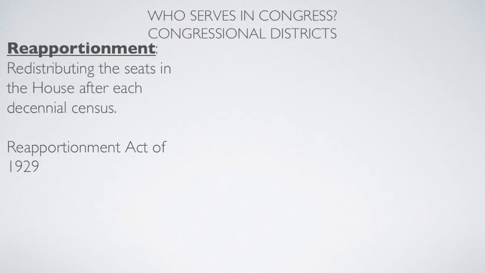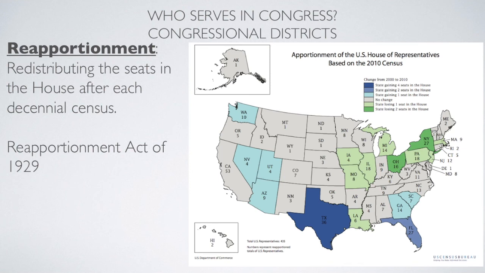Who serves in Congress? Well, we have reapportionment, redistributing the seats in the House after each decennial census. So depending on the census, there will be a dividing of who has what number of seats. This is the 2010 census. The 2020 census is up, you can look at that as well.